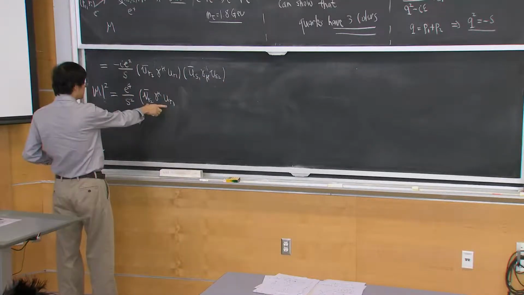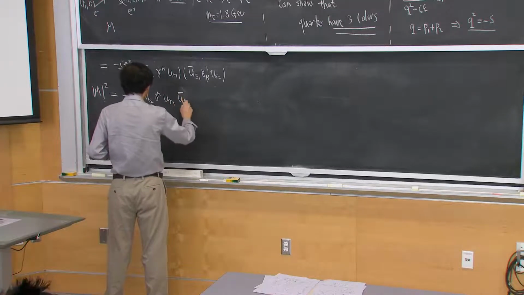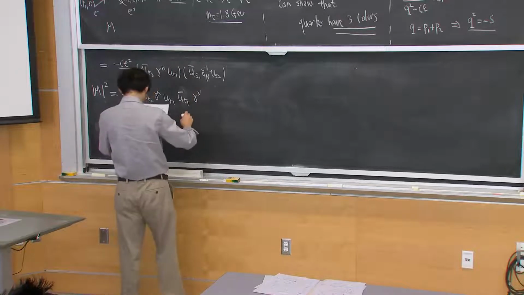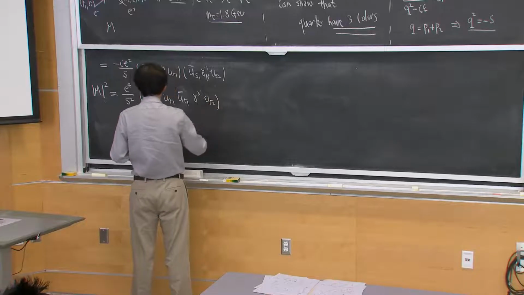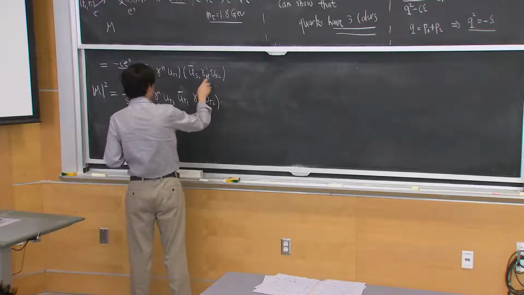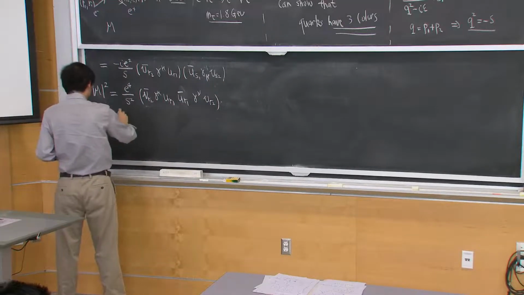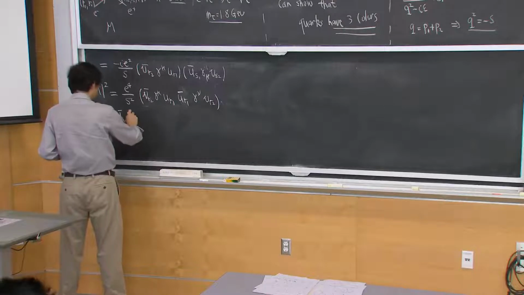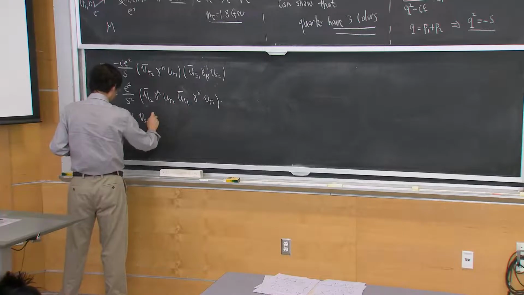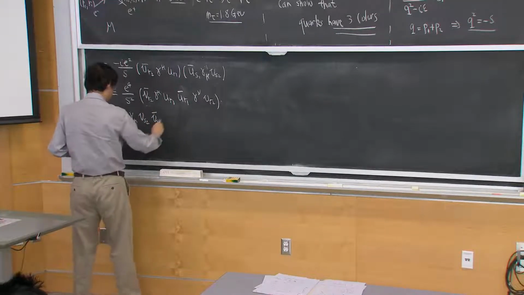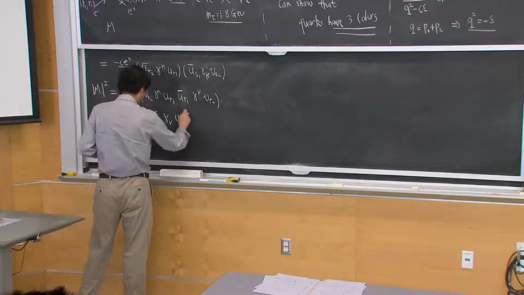The complex conjugate of this is given by u bar r1 gamma nu v r2, and then times this one and its complex conjugate, so we have u s1 bar gamma mu v s2 and v s2 bar gamma nu u s1.